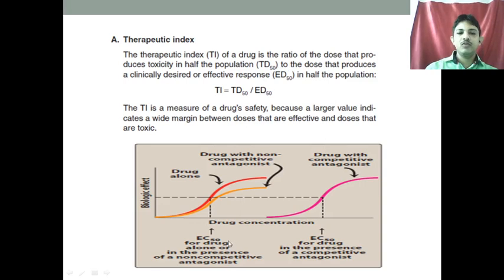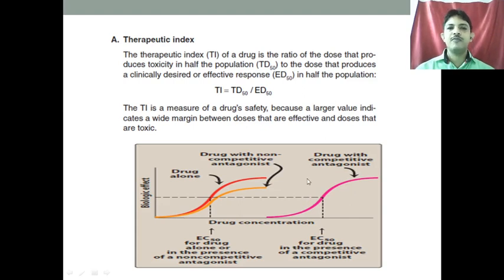ED50 means the dose at which it produces the biological effect in 50% of the population.